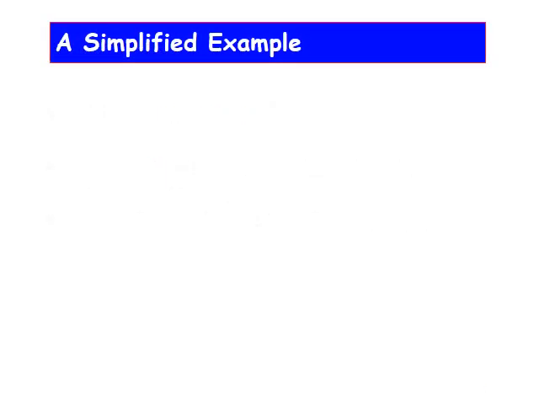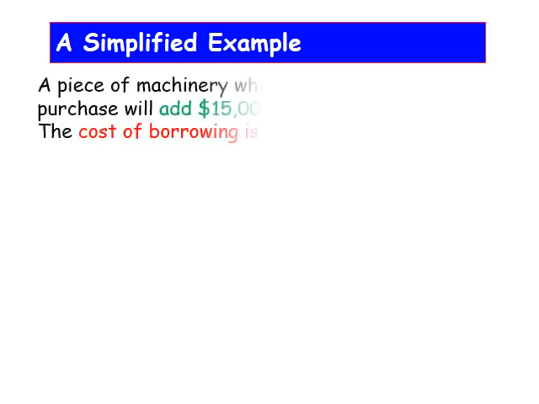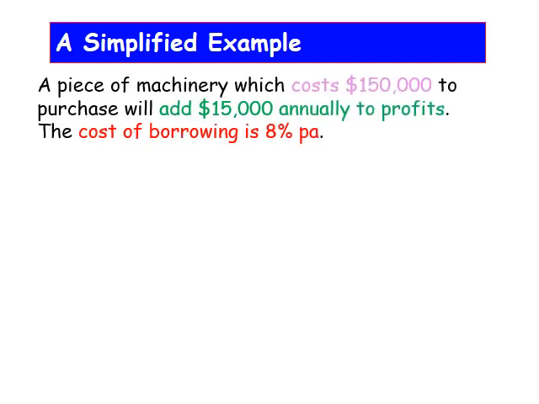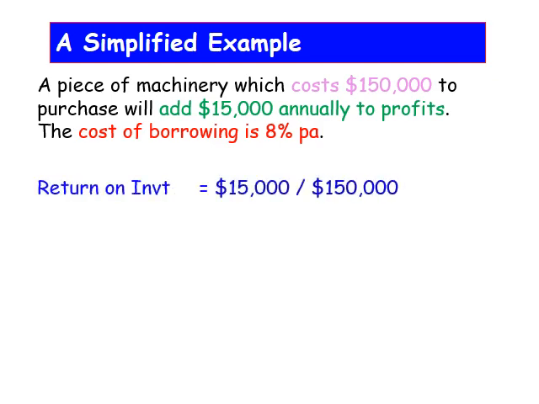A simplified example. A piece of machinery which costs 150,000 to purchase will add 15,000 annually to profit. The cost of borrowing is 8% per annum. The return on investment is 15,000 divided by 150,000, which is 10%.